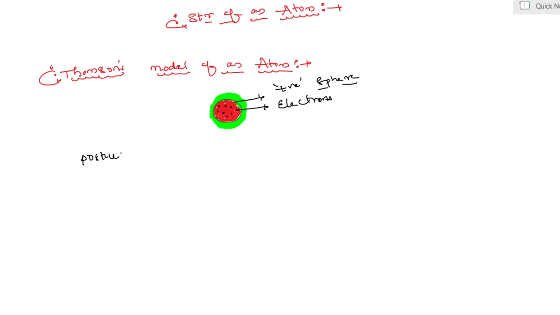Postulates of Thomson's model of an atom. Here electrons are embedded in the sphere of positive charge. Yes, with the help of an illustration, you people can come to a final conclusion. What? The electrons are embedded where? In a sphere of positive charge.